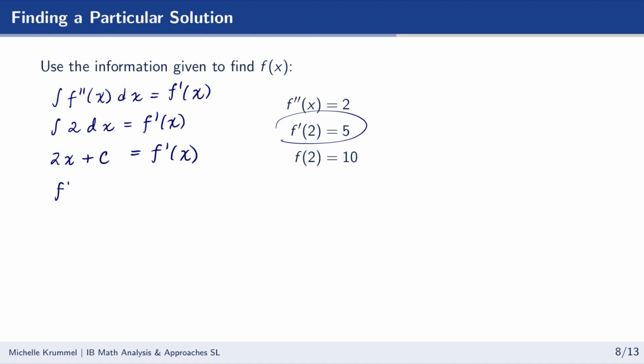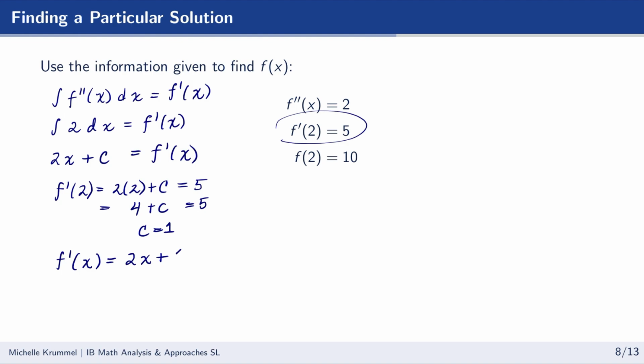So f prime of 2 equals 2 times 2 plus c equals 5. 4 plus c equals 5, so c equals 1. Now we know that f prime of x equals 2x plus 1. We can replace the c value with a 1.